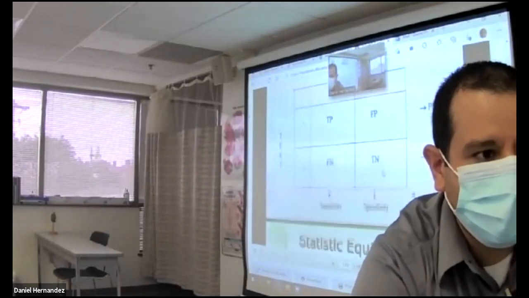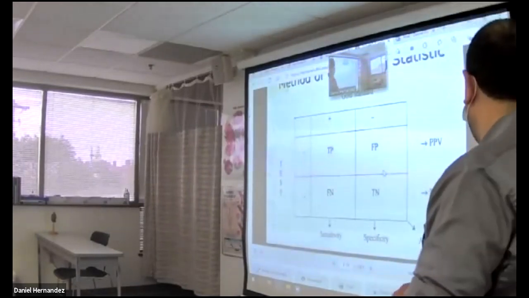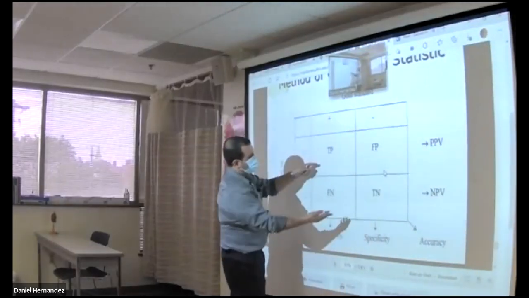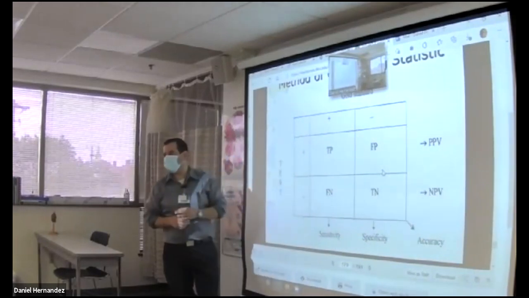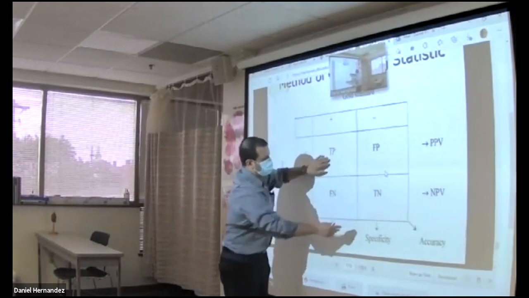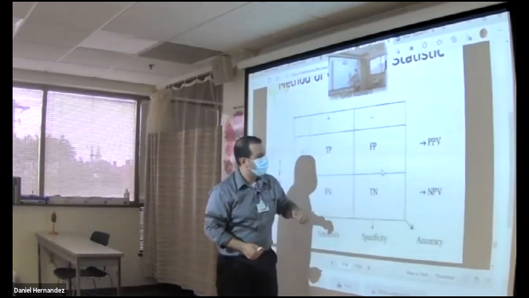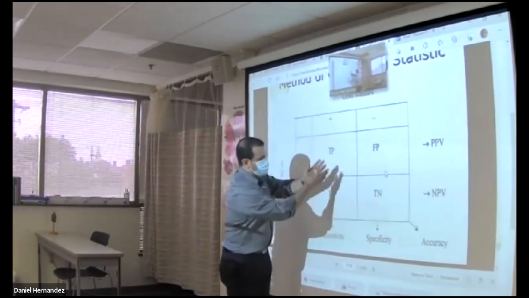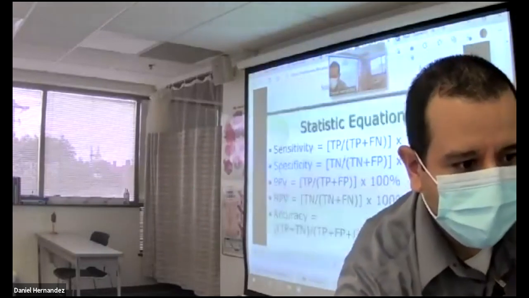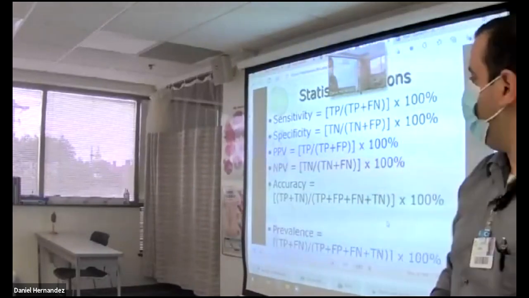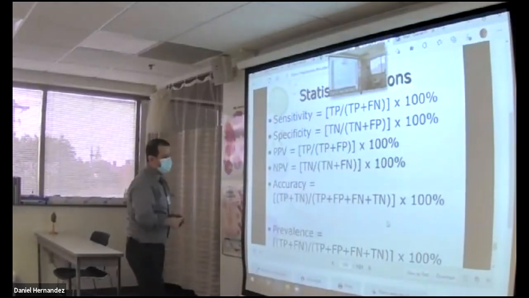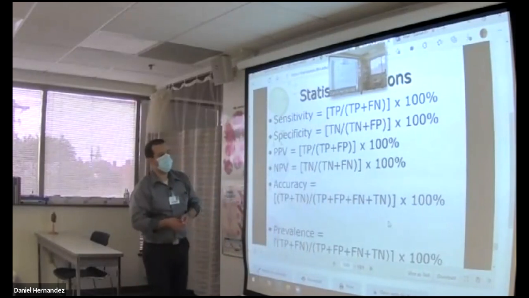So accuracy again, your numerators are always going to be these true ones. So with accuracy, you have 2 true ones. So those both become your numerators. So you add those 2 together, and that becomes your numerator. And then your denominator is everything. So here's your formula for accuracy.